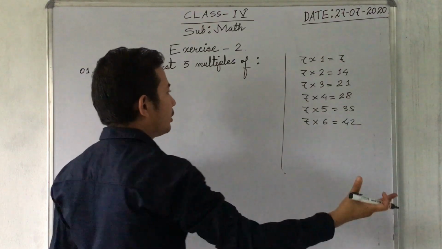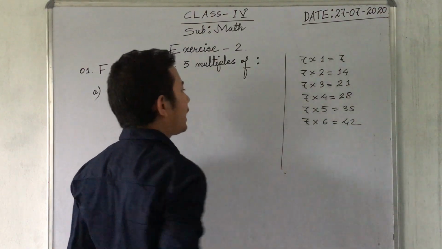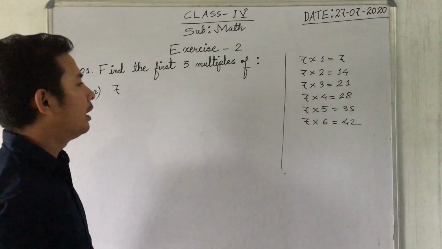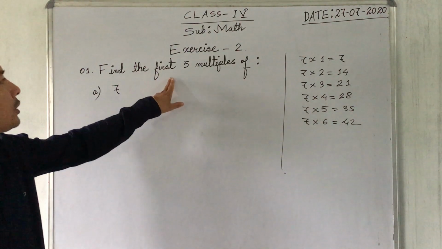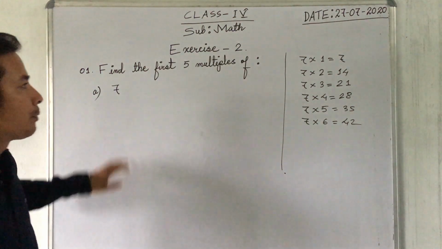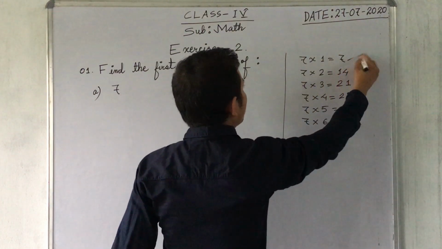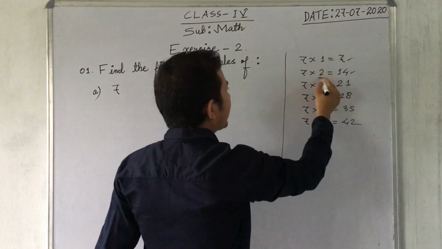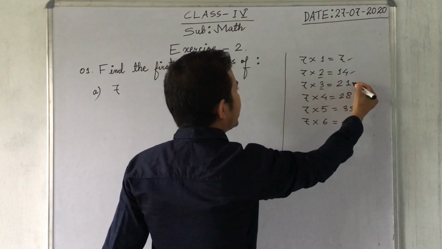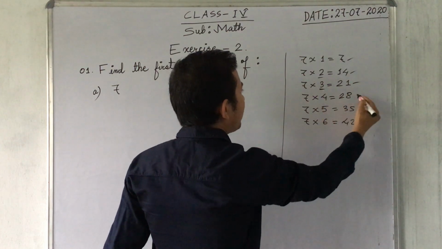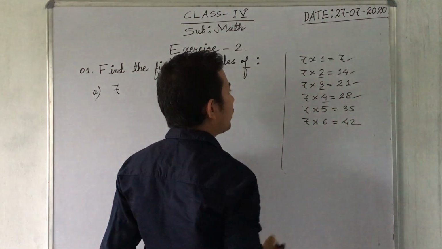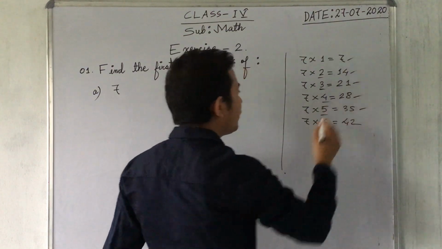We don't need to write all the times of 7 here because we are trying to find only the first 5 multiples of 7. So 7 is the first multiple of 7, 14 is the second multiple, 21 is the third multiple, 28 is the fourth multiple, and 35 is the fifth multiple of 7.